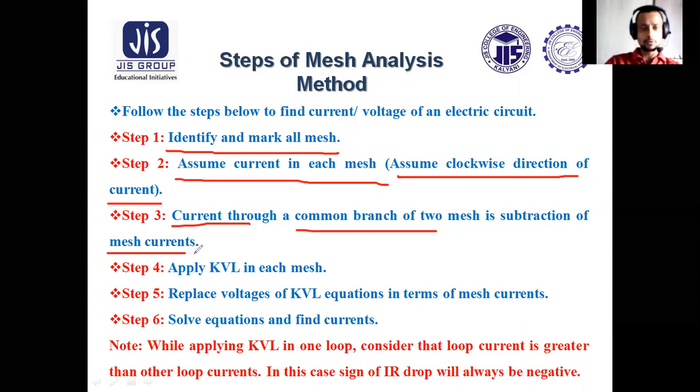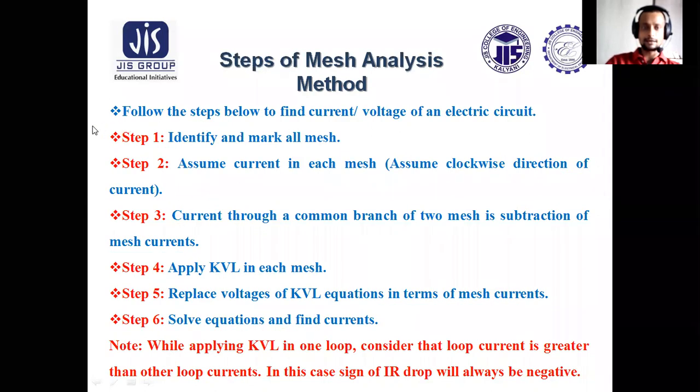In between which two loops the branch is common, mesh current will be subtracted of those meshes. Apply KVL in each mesh. We'll have to apply later KVL in each mesh or each loop. Replace KVL equation in terms of mesh current and find the solution. This note I will discuss later.